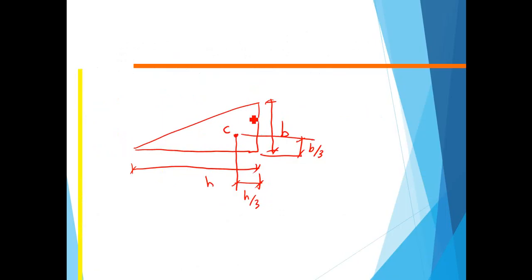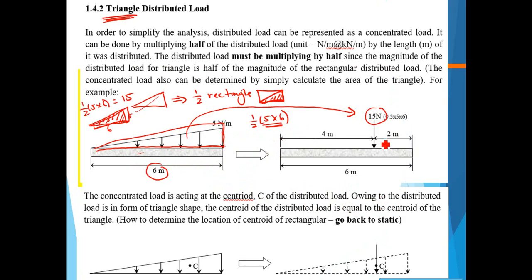So the centroid is H/3, which is 6/3 equal to 2. If we go back, we locate the concentrated load 2 meters from the end of the beam, because this is the centroid.